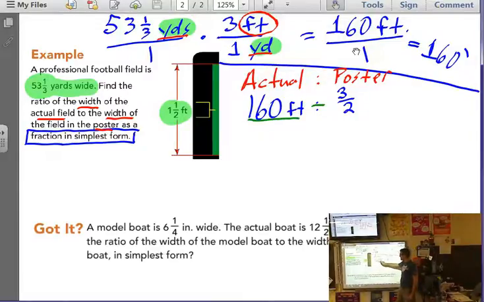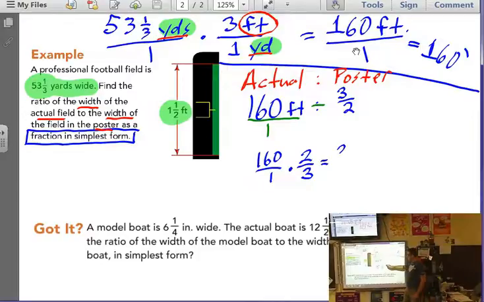This can really be a fraction. Because if I had a calculator, I could do 160 divided by 1.5, right? Pretty easy. But if I don't, or if I just want to use my brain, we now do keep, change, flip.